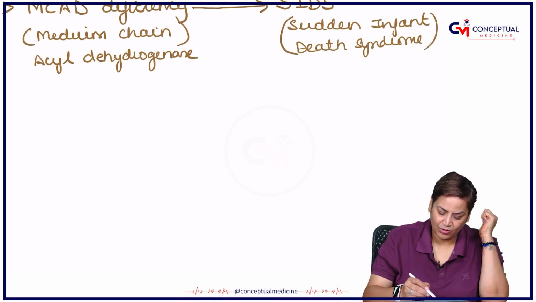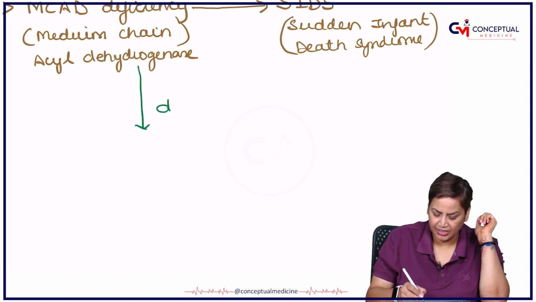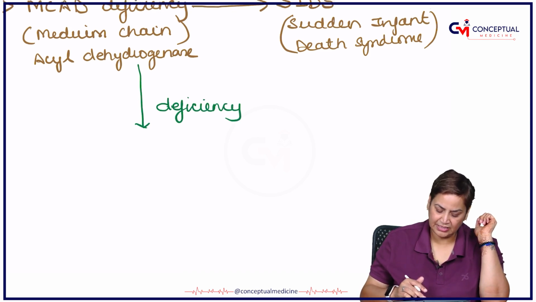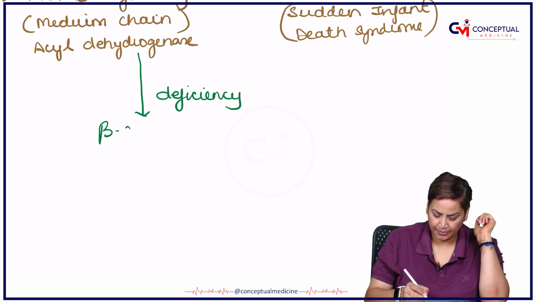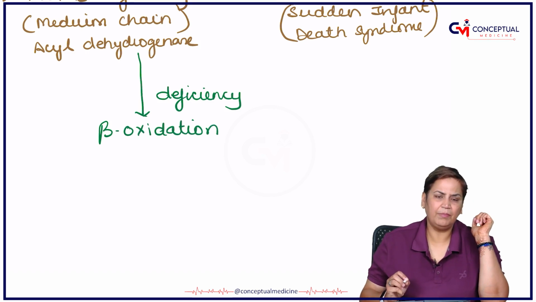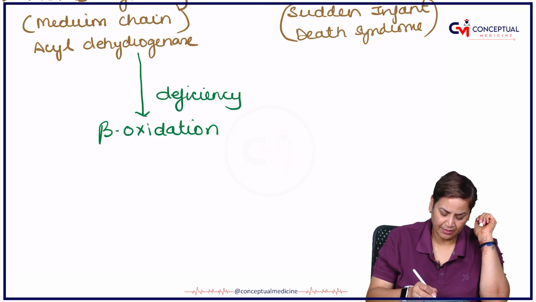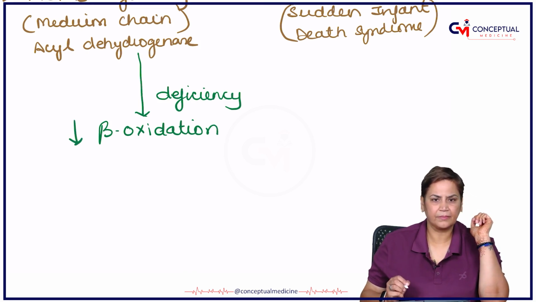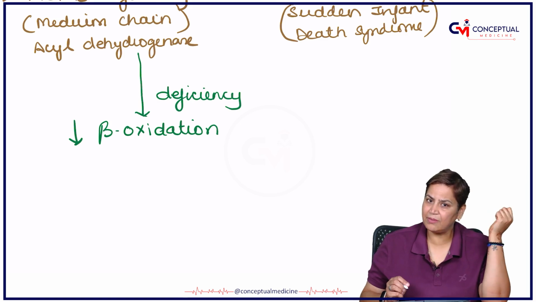Now see, what is the biochemical rationale behind this? If this enzyme is deficient, beta oxidation will not take place, because this is the main enzyme required.